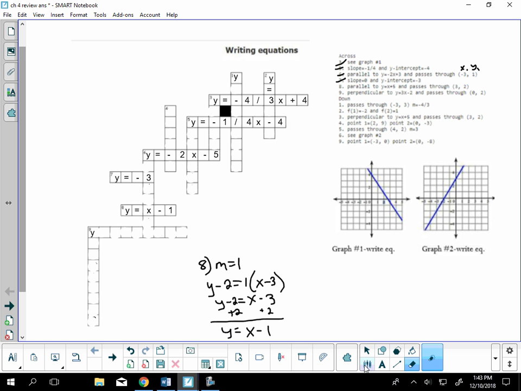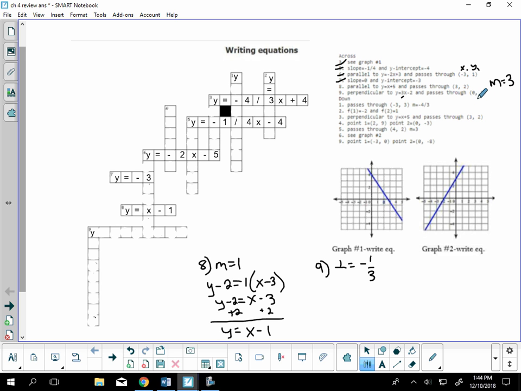And number 9 across. Perpendicular. Well, if it is perpendicular, you're going to have to take the opposite reciprocal. So right now my slope is 3. My perpendicular slope is going to be negative, because I need to change the sign, and the reciprocal of 3 is 1 over 3. And it's passing through 0, 2. You know what?